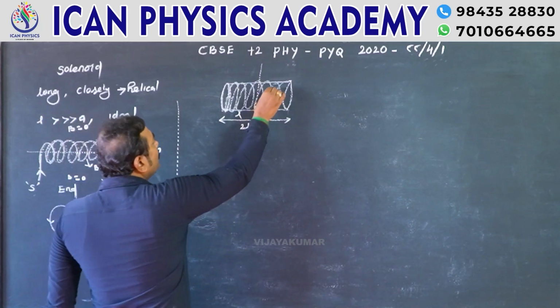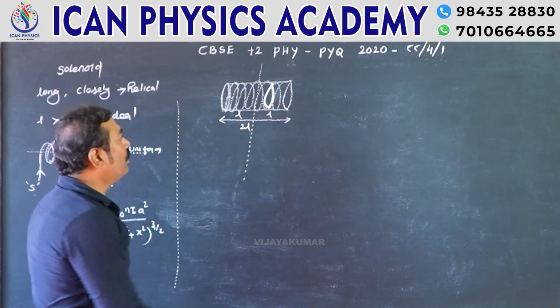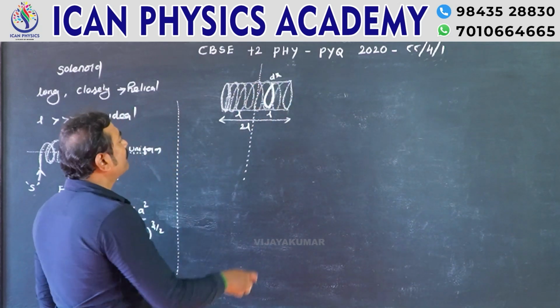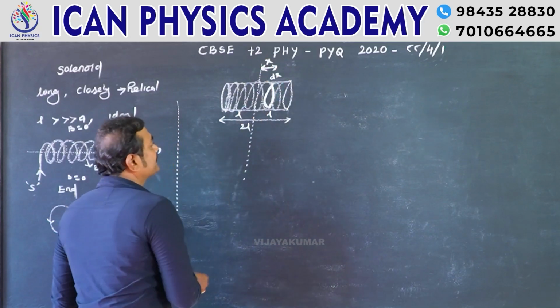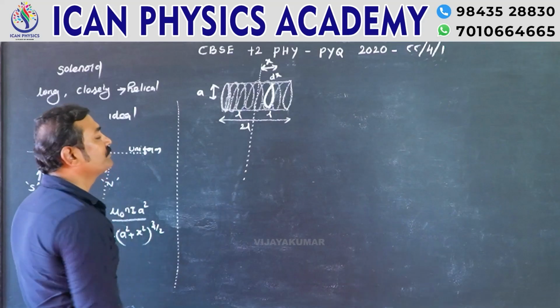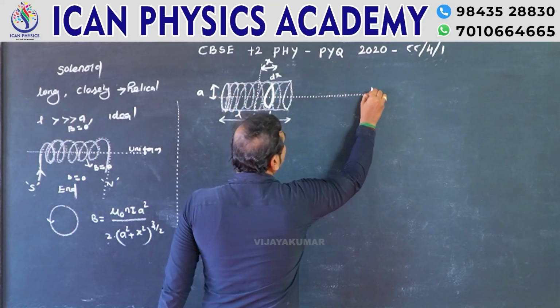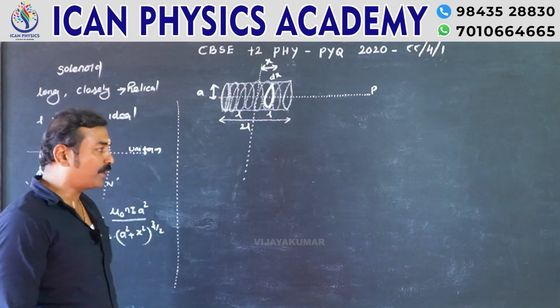Okay. So, due to this circular coil, its thickness is dx. What about the distance from the midpoint? It can be taken as x. The radius of the coil is taken as a. So, at a point along the axis, at this point, I am going to calculate the magnetic field produced by the solenoid.